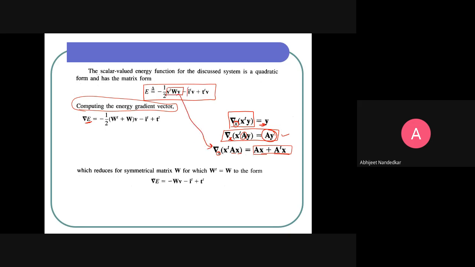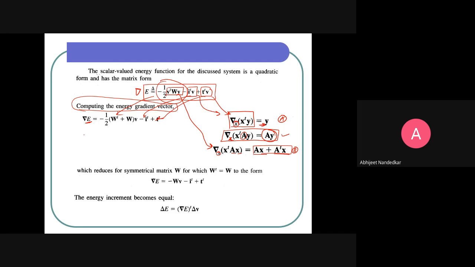Okay, so you can easily find this by using this, and this is also using equation A. You can solve equation B easily. So when I take the gradient of this equation with respect to V, for the first term I get this quantity, for the second I get this, for the third I get this.